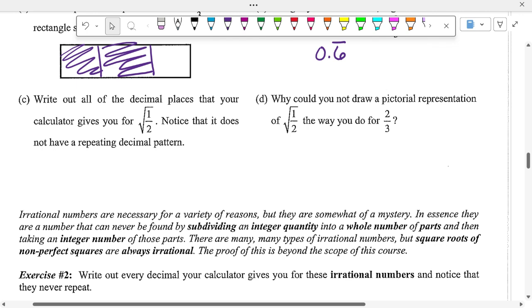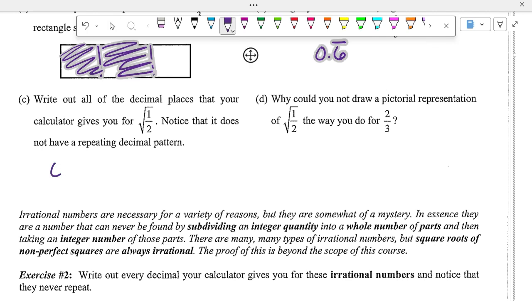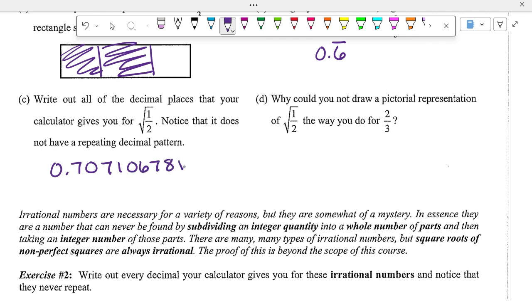Now, take a minute, put in the square root of 1/2 in your calculator, so square root of 0.5, and tell me all the decimal places you can see on your calculator. 0.707106781. All right. Those are all the numbers that your calculator gives to us.